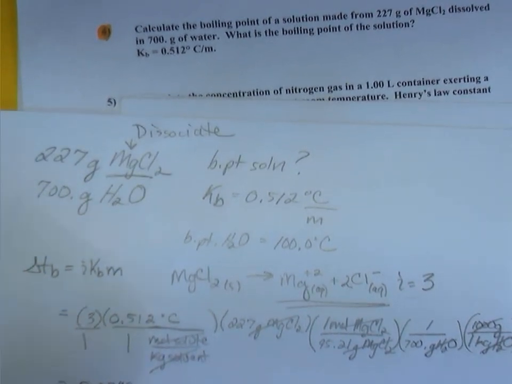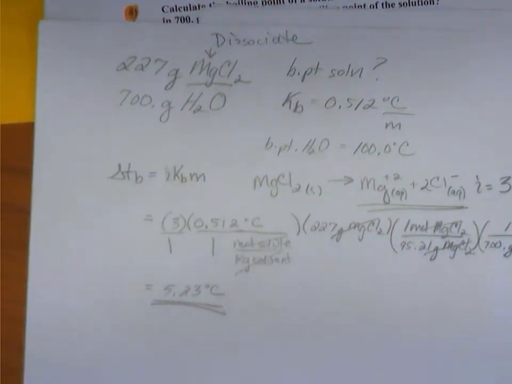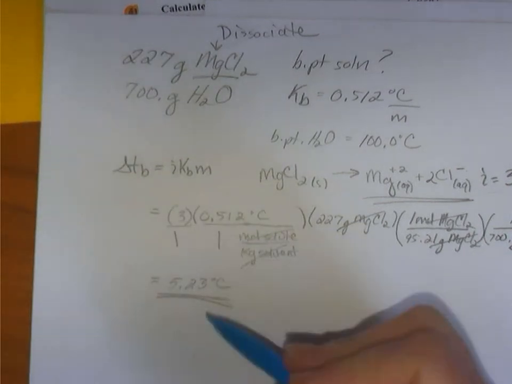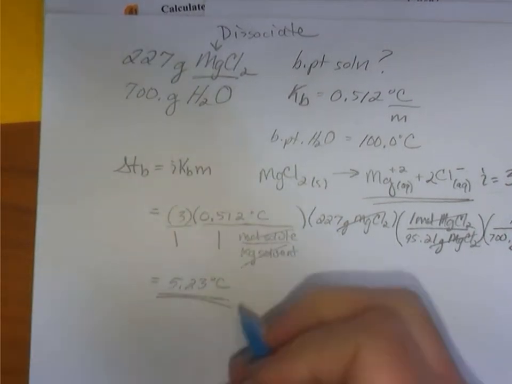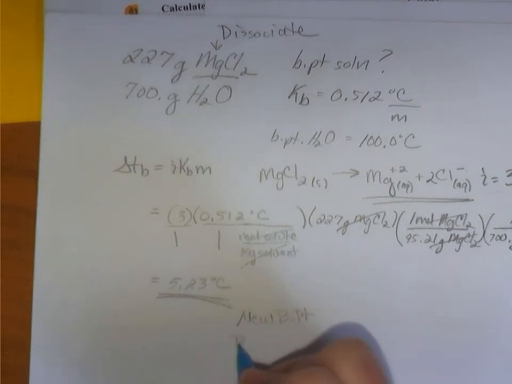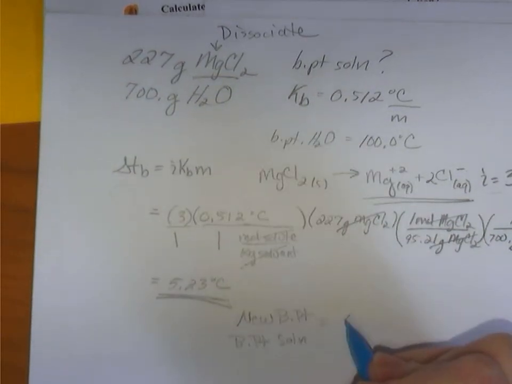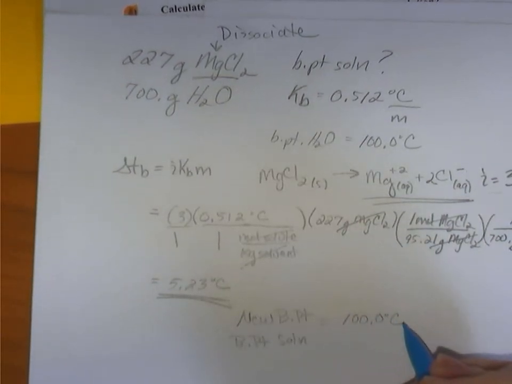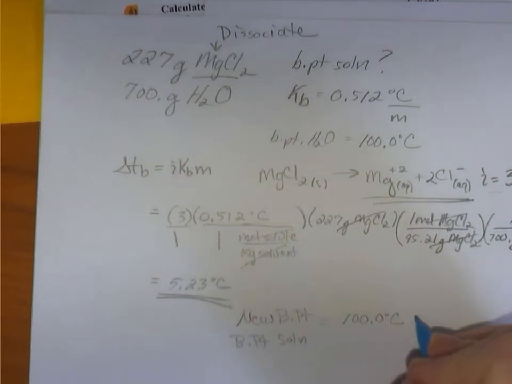Okay, fantastic. Okay, now that's my change in boiling point. So if the problem just asks for the change in or the boiling point elevation, this is it. But the new boiling point or the boiling point of the solution will be the pure solvent and its boiling point elevation. So we are adding the change.